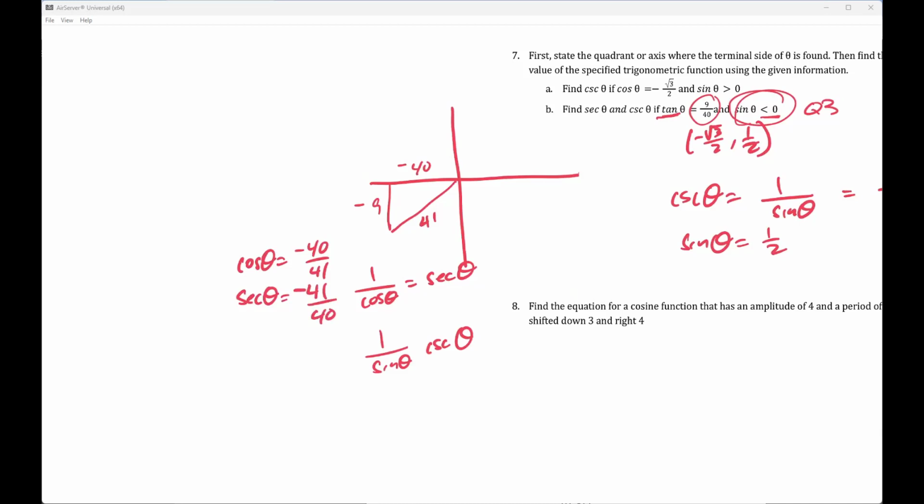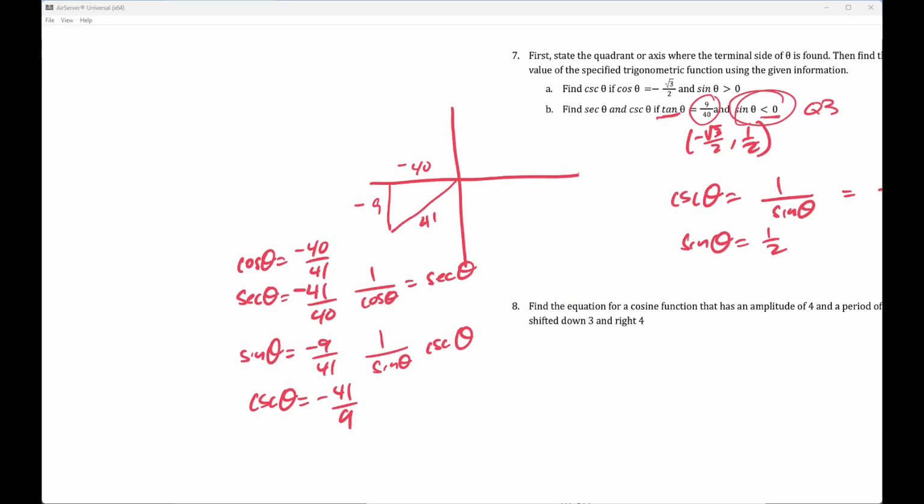Sine is negative 9 over 41. So that means that cosecant theta is equal to negative 41 over 9. We good? So you kind of have to just manage the stipulations and the parameters and then attack it from there. All right.